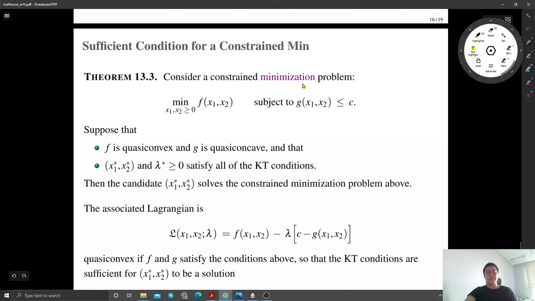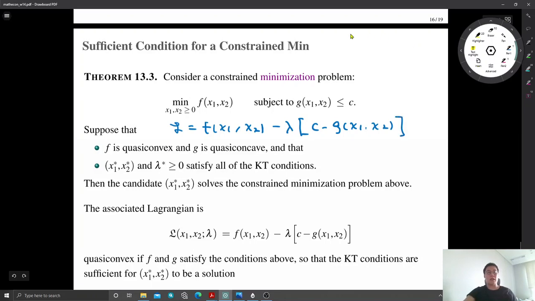All right, in the case of a minimization problem, we now want to minimize function f given this constraint. Then the associated Lagrangian is L equals f of x1, x2 minus lambda times c minus g of x1 and x2.